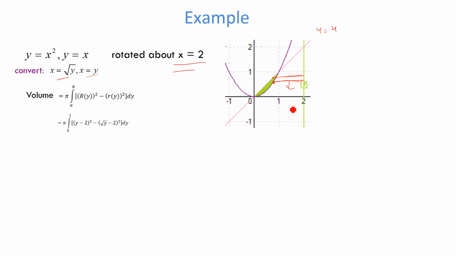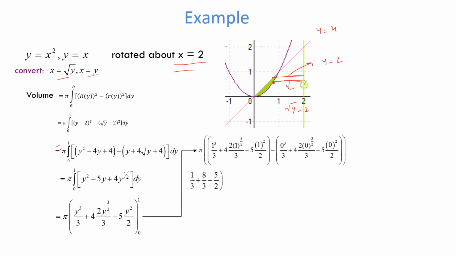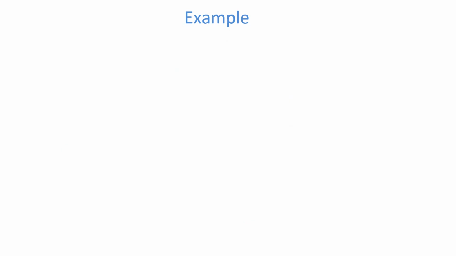This is square root of y minus 2, and this distance is y minus 2. Okay, so by plugging in the values, we have this integral, and the rest is just a matter of solving the integral, and after a few manipulations we have the volume is equal to pi r2. Alright, next example.